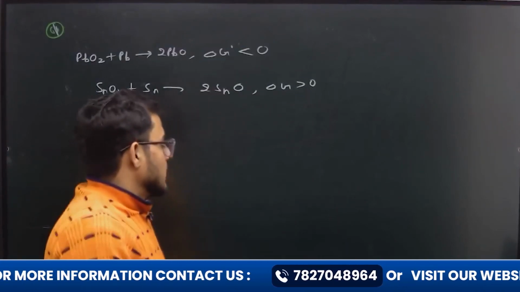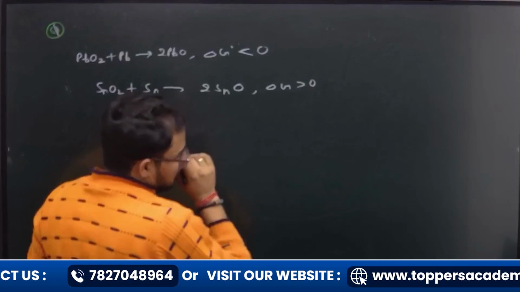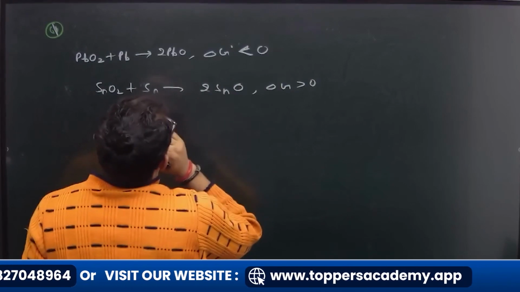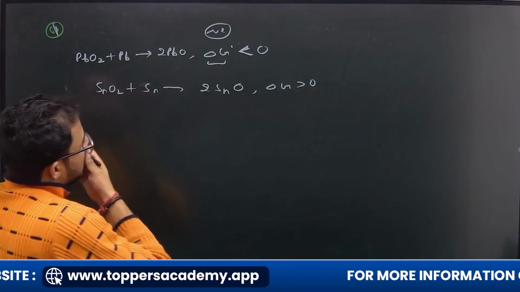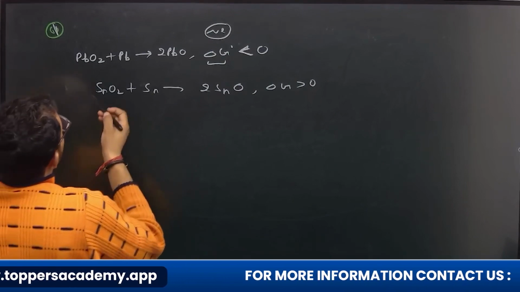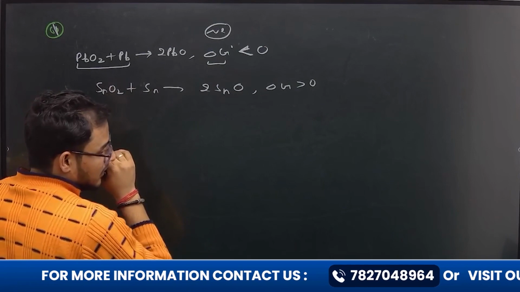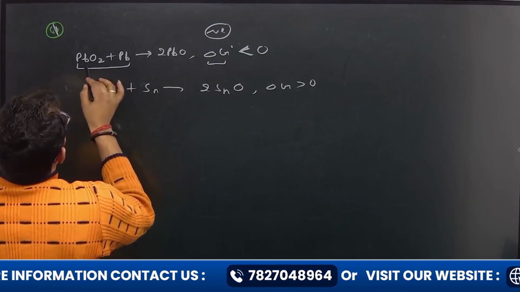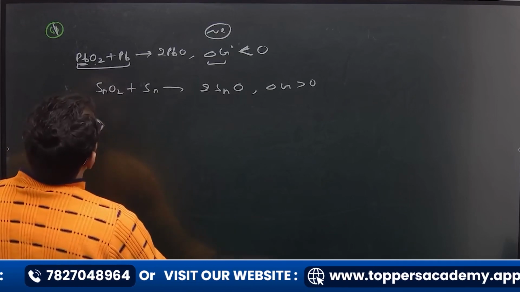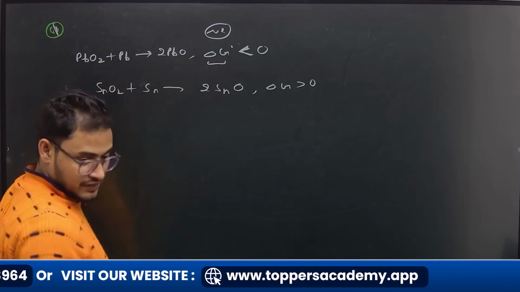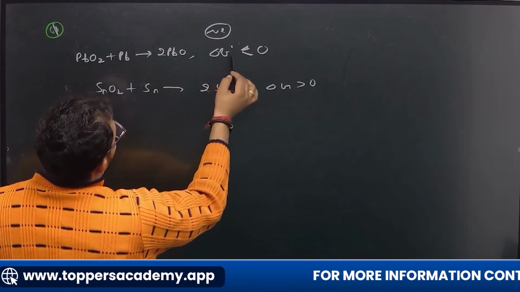Now, delta G is less than 0 for the Pb reaction. That means it is negative. Sorry, one second please, my mistake. If delta G is negative, it is possible in the forward direction.